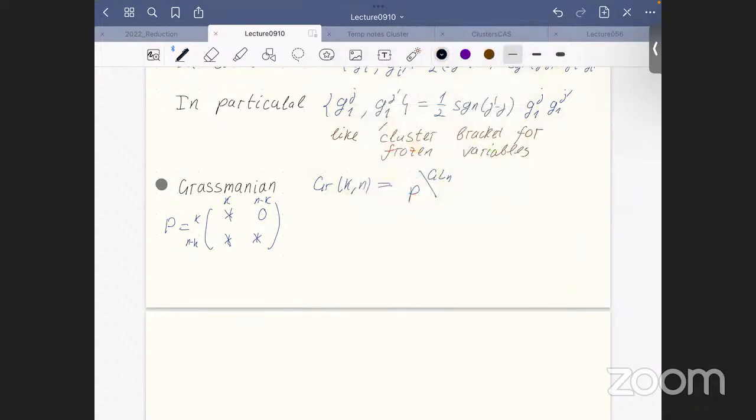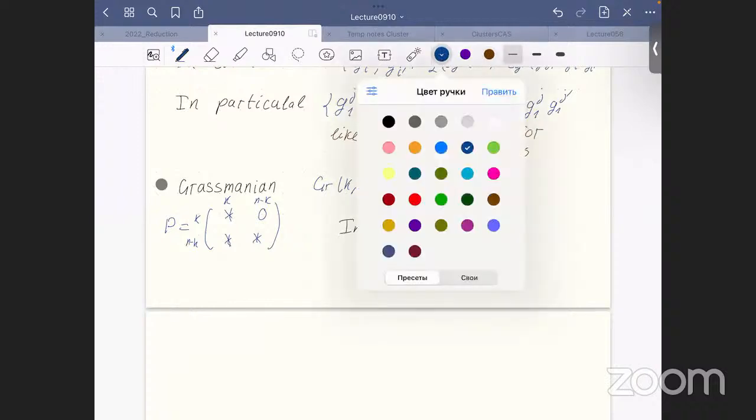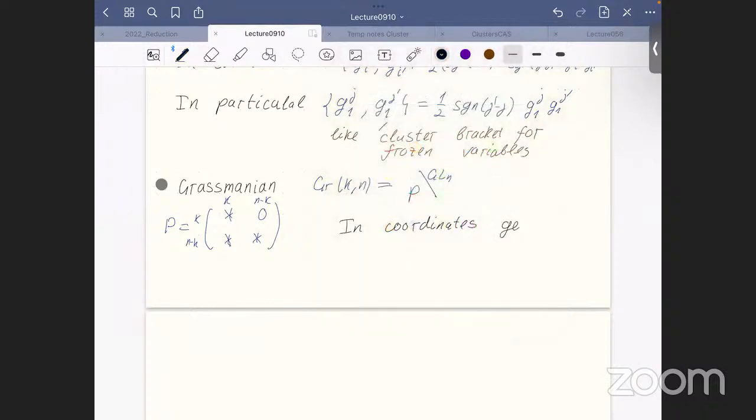In coordinates, we can write the generic G in the following form, with the following decomposition.